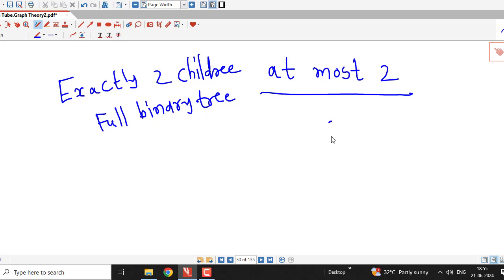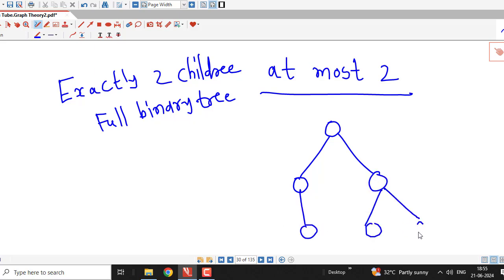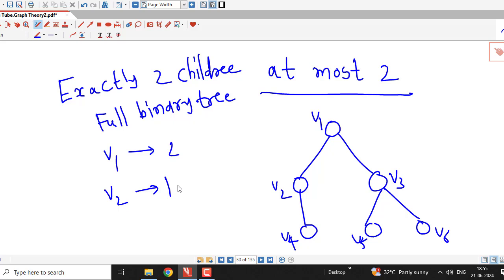For example, here suppose I consider this rooted tree, and I give labels V1, V2, V3, V4, V5 and V6. Then we can say that V1 has 2 children, V2 has only 1 child, and V3 has 2 children.